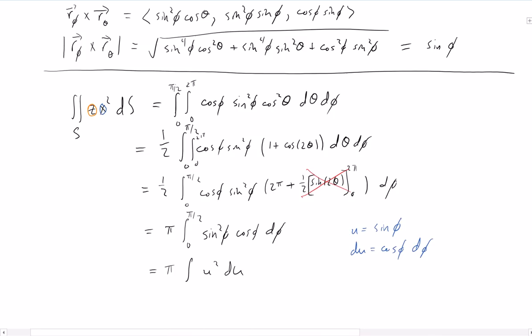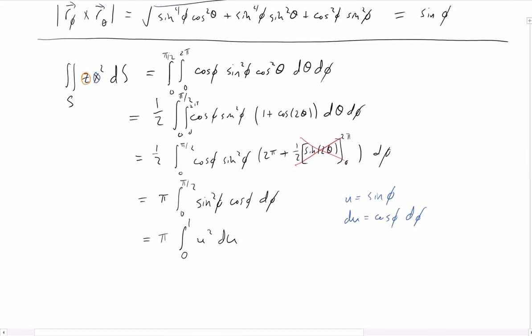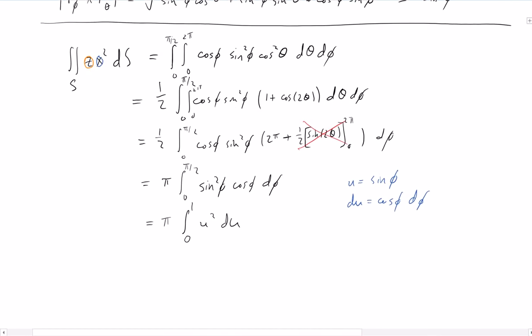And let's see, the new bounds. When phi is 0, u is sine of 0, which is 0. And when phi is pi over 2, u is sine of pi over 2, which is 1. And so the integral of u squared from 0 to 1 is 1/3, giving us our final answer of pi over 3.